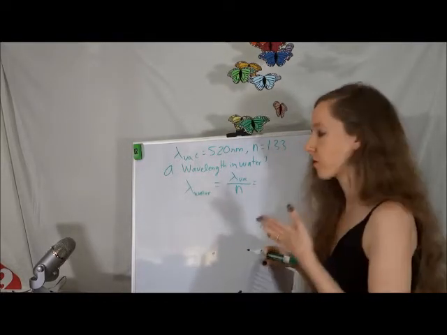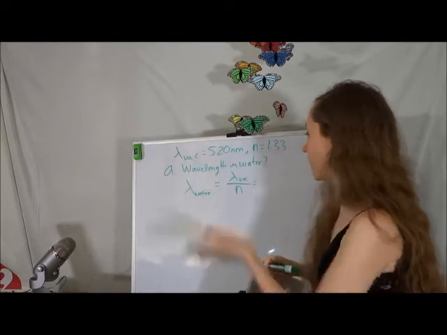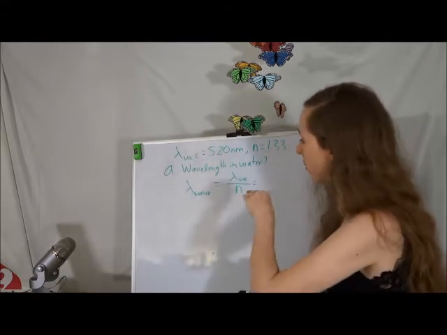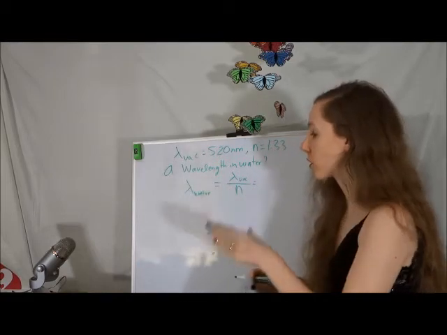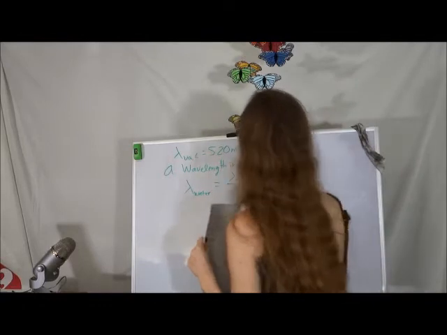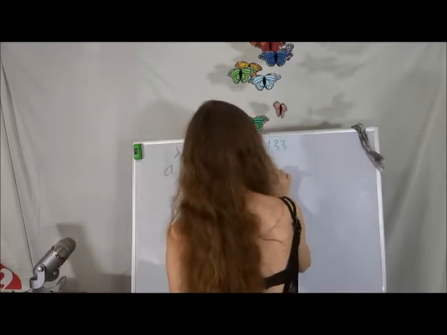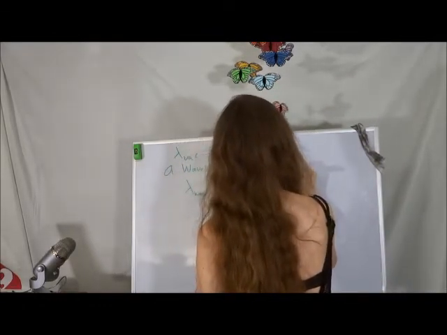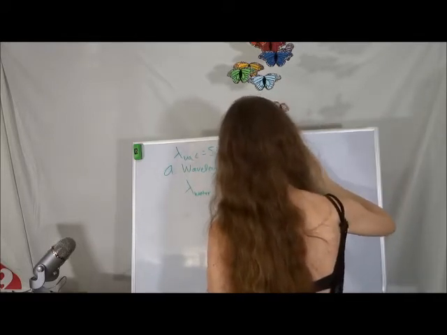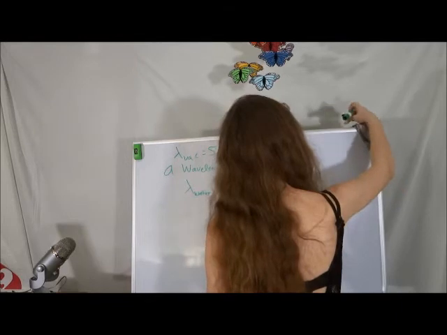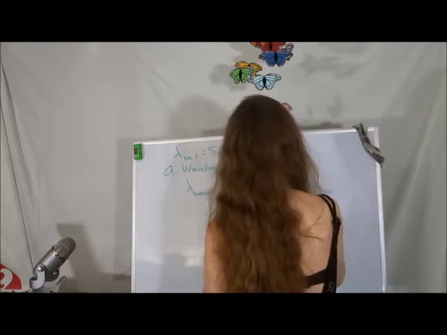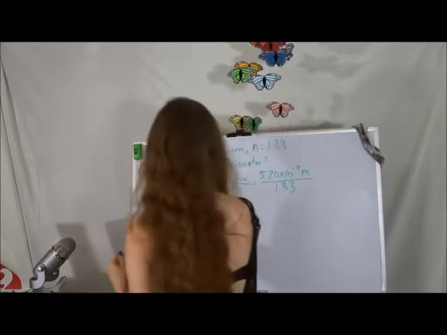Now I'm going to go ahead and convert this to meters. In this particular instance, it doesn't matter if we leave it in nanometers or convert to meters, but there will be things later on in this lecture where it's going to matter that we convert to meters, so just for consistency, I'm going to convert this one as well. So we're going to have 5.20 times 10 to the minus 7 meters divided by 1.33.